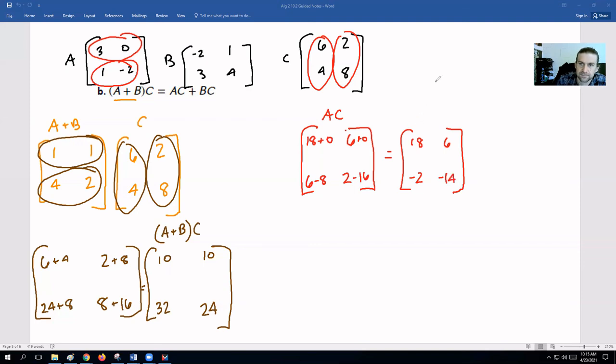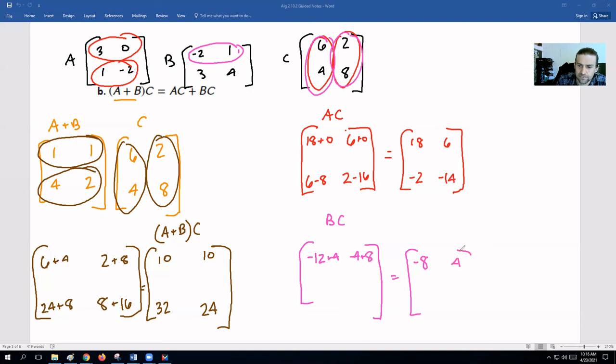So this is AC. Next, let's figure out BC. Alrighty, so first row, first column. Negative 2 times 6 is negative 12. 1 times 4 is 4. Add them together, that'd be negative 8. All right, next. Negative 2 times 2 is negative 4. 1 times 8 is 8.